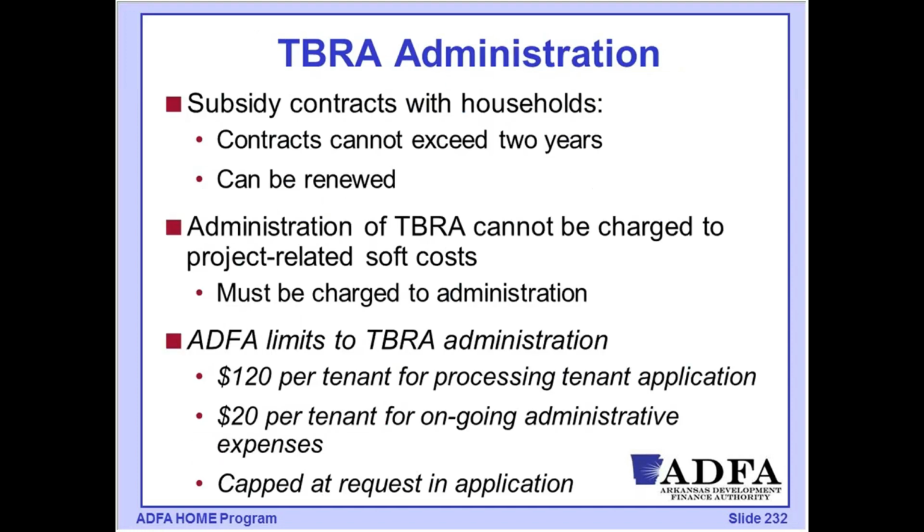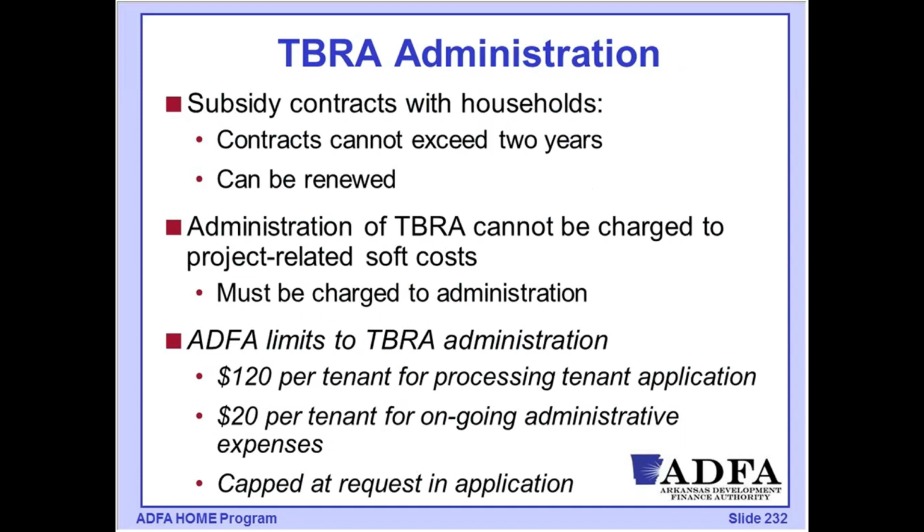As far as running our TBRA program, the subsidy contracts with the household cannot go beyond 2 years, but they need to be updated annually because we're going to renew income and reevaluate the subsidy levels when we do our income review.